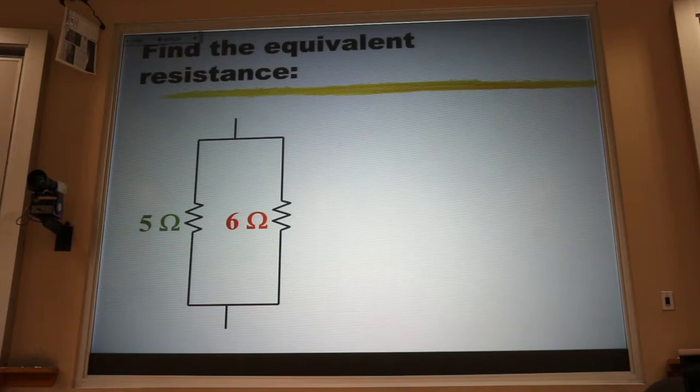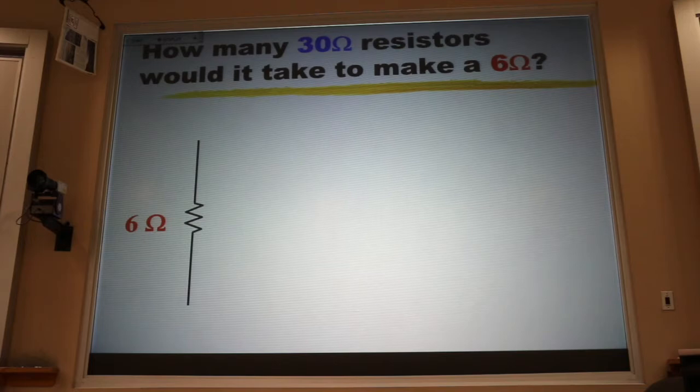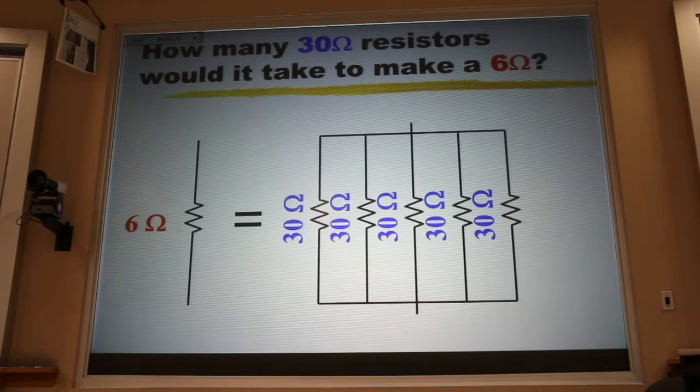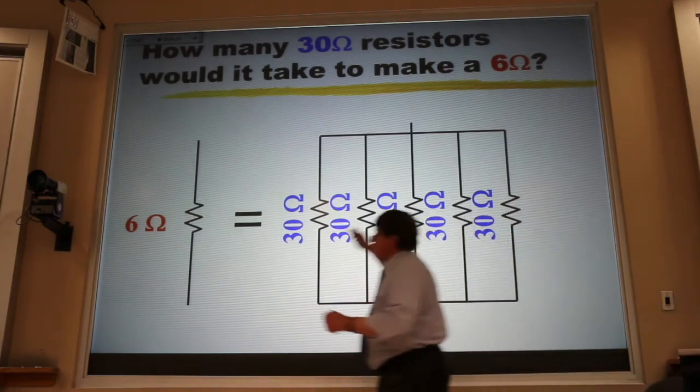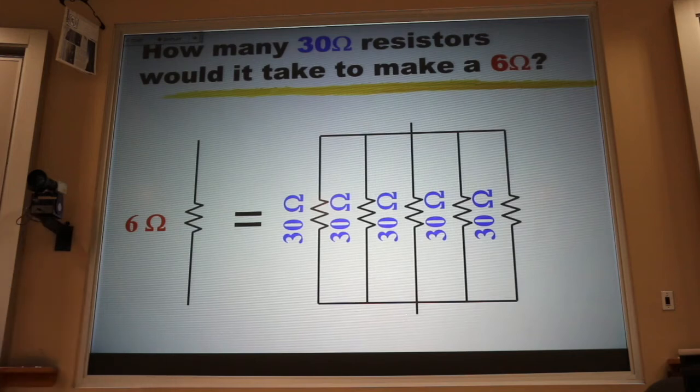I can make a 6 out of 30s. How many 30s would it take to make a 6? 5, right? Because 5 paths are 5 times easier than 1 path. So this would look like the resistance of 1 path, that's 30 ohms, divided by the number of paths, that looks like a 6 ohm resistor.